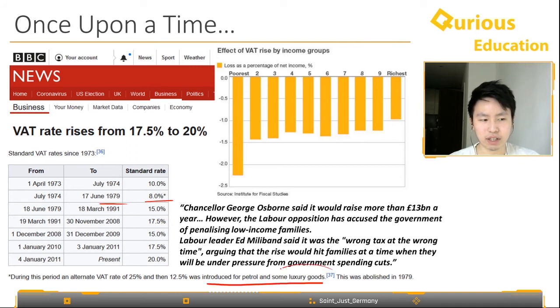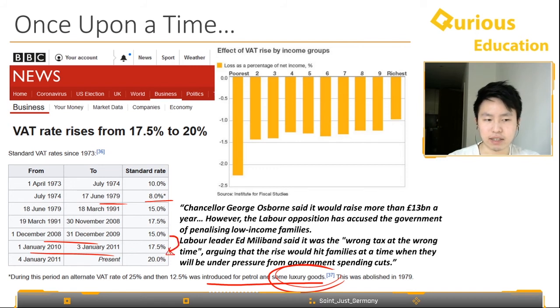During this period, you can see VAT was only charged on some luxury goods, or the tax rate was higher for luxury goods. So assuming that people with higher incomes would buy those luxury goods, they might be paying a bigger proportion of their income, rather than the poor paying a bigger proportion. So it also depends on what type of goods the VAT is applied to.